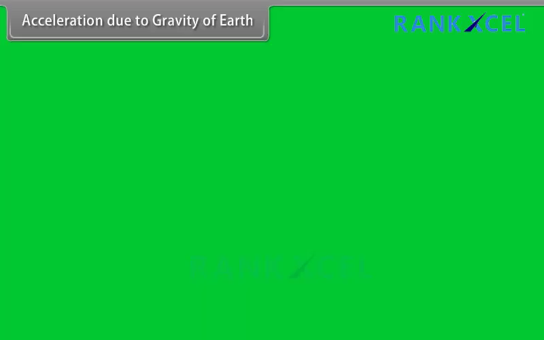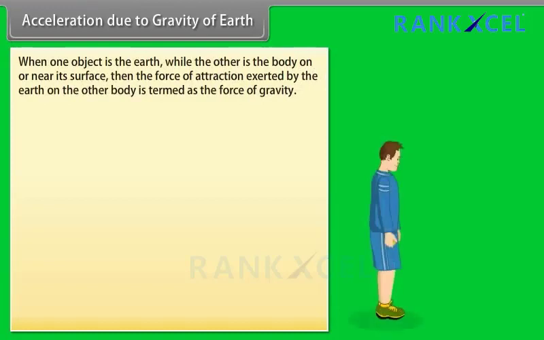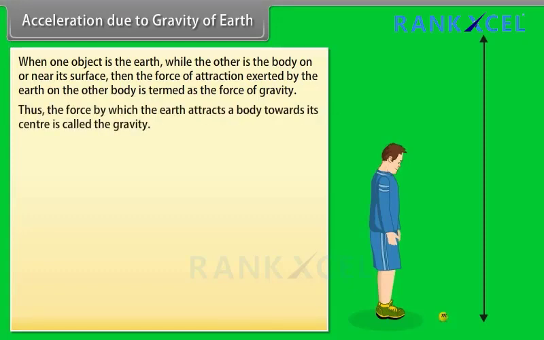Acceleration due to gravity of Earth. When one object is the Earth, while the other is a body on or near its surface, the force of attraction exerted by the Earth on the other body is termed the force of gravity. Thus, the force by which the Earth attracts a body towards its center is called gravity.